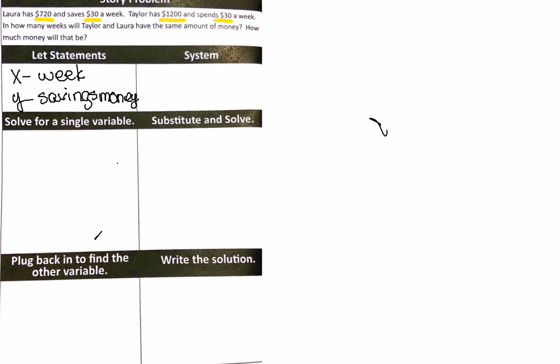So just remember that y equals mx plus b is the formula for slope y-intercept, where m is the slope, b is the y-intercept, or the starting point, the beginning point.